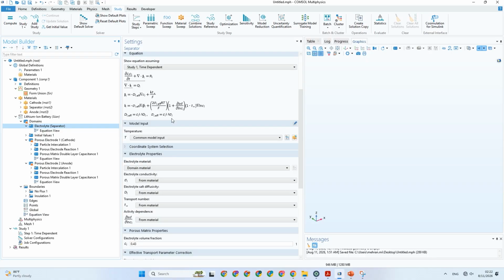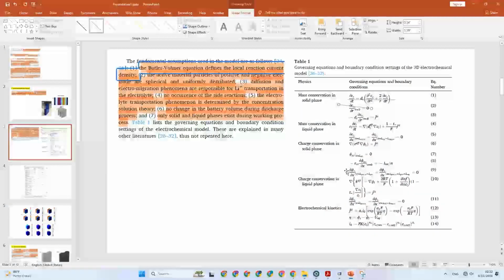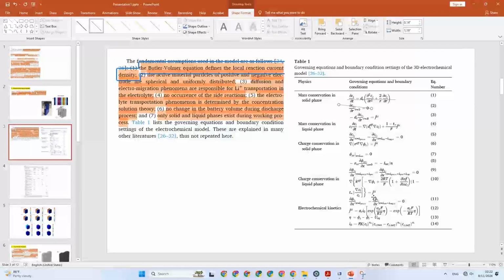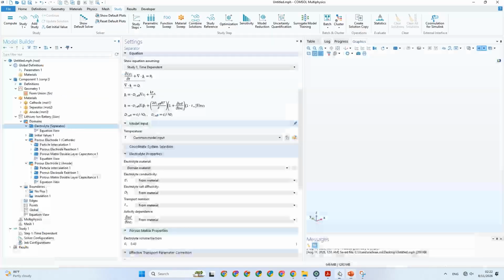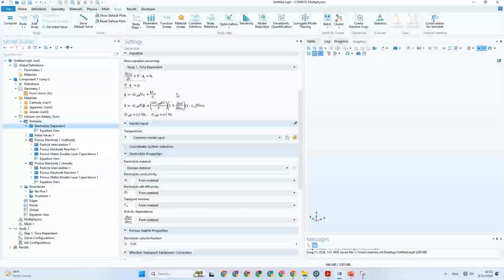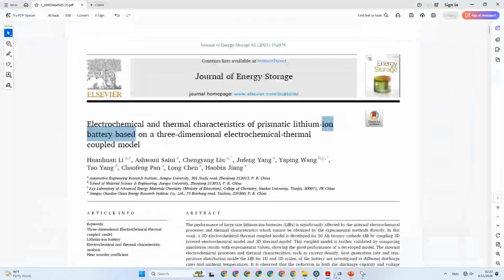It is correct. Yes, the notation is correct, and the formulas are valid. And this is a valid charge conservation in the liquid phase, in the electrolyte phase. Nice. Let me continue.